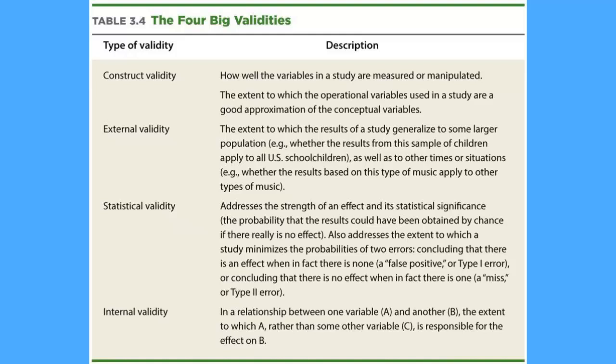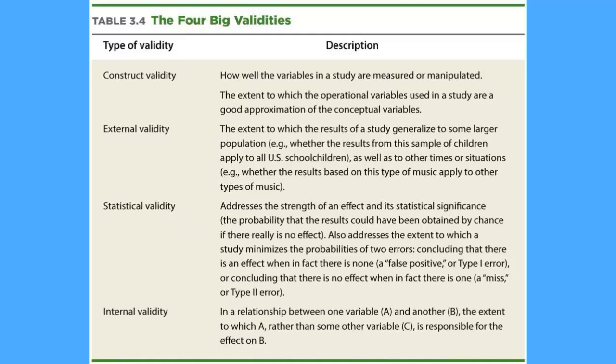So the extent to which the results of a study generalize to some larger population. We have statistical validity. This addresses the strength of an effect and its statistical significance. So really you want to look at the size of the effect and how well these statistics were carried out. To really get a good handle on statistical validity, quite honestly, you will need to take an entire semester-long course in statistics.